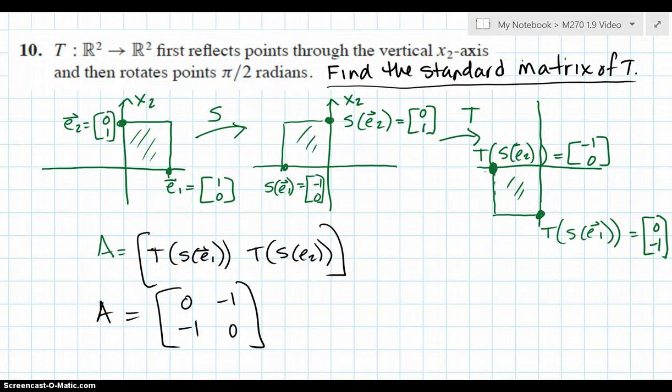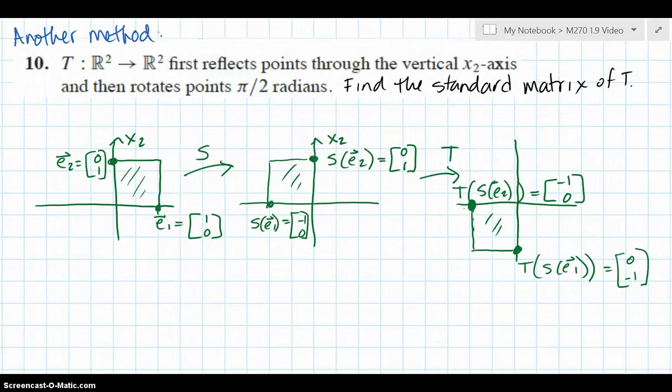Let's look at another method of doing number 10. The same question. We are looking first, we want to reflect points through the vertical x2 axis, and then we want to rotate through pi over 2, and I'm going to do, again, counterclockwise as above.